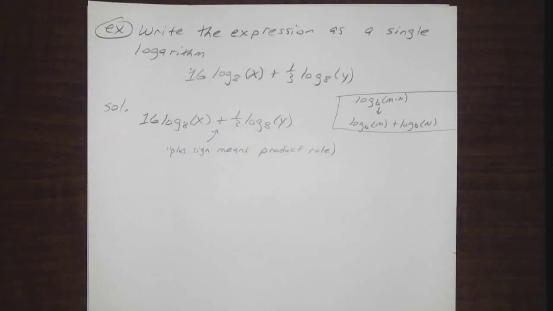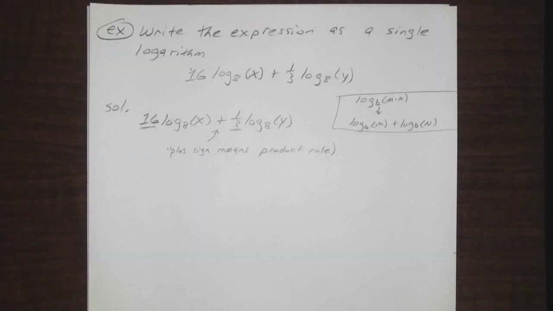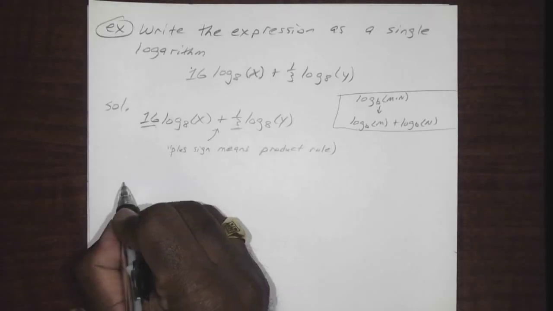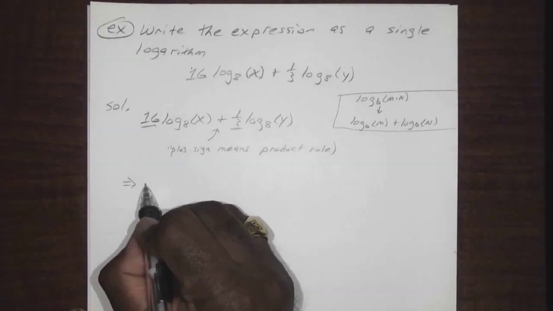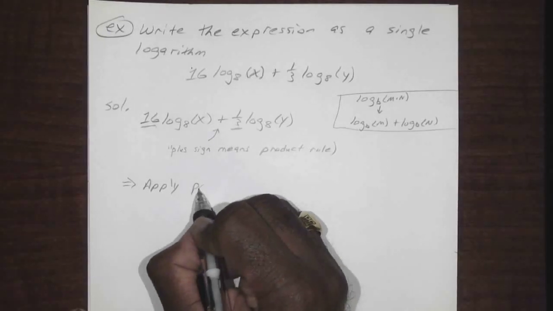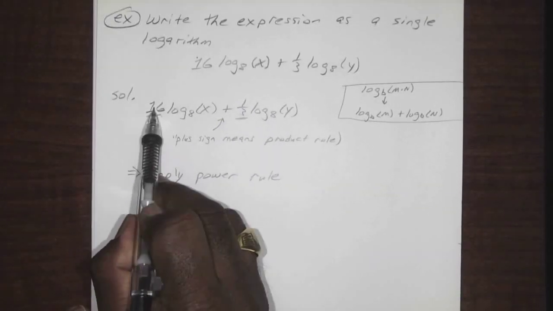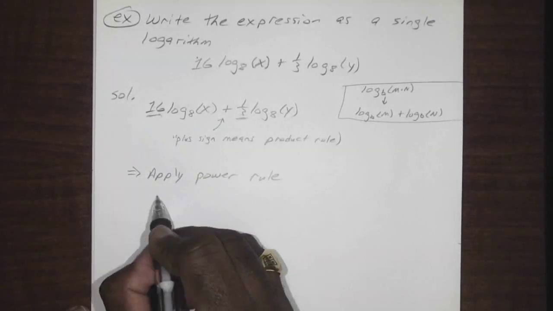The only problem is, before you do that, you have to get rid of those coefficients. Okay, so that means you use the power rule. Okay, so applying power rule, that means that 16 goes up here.